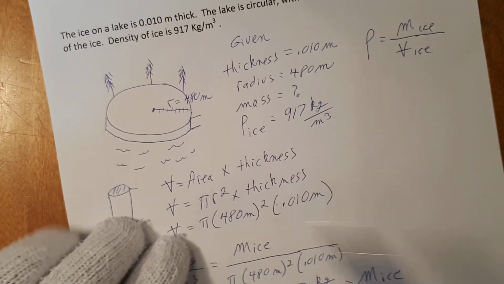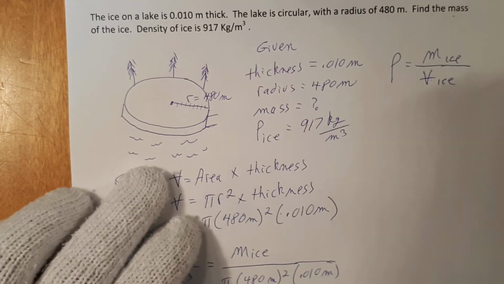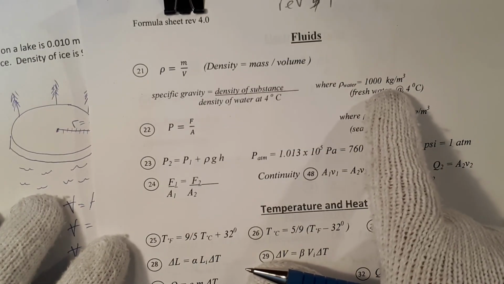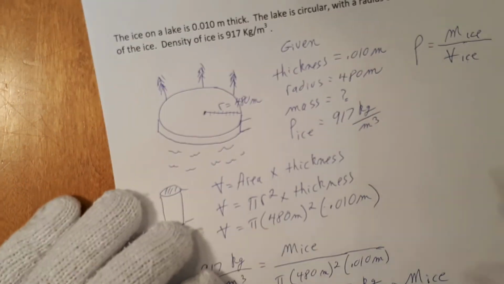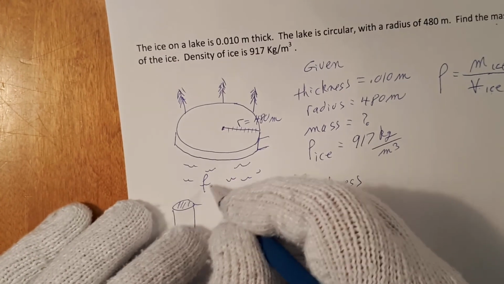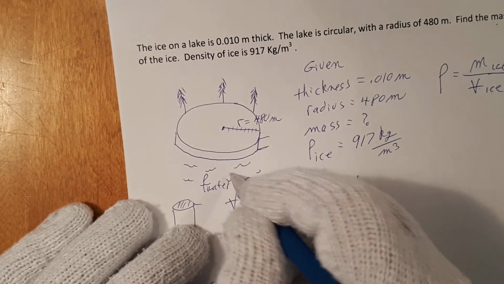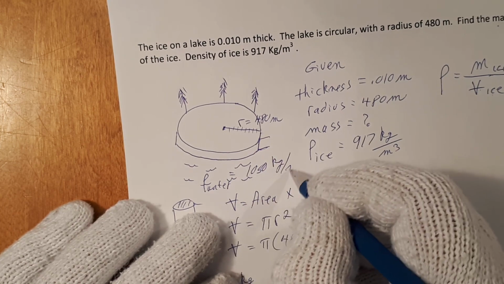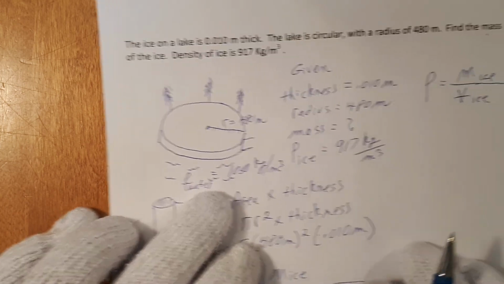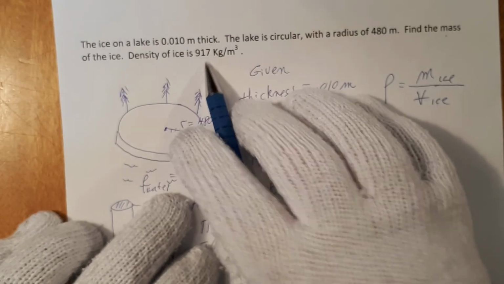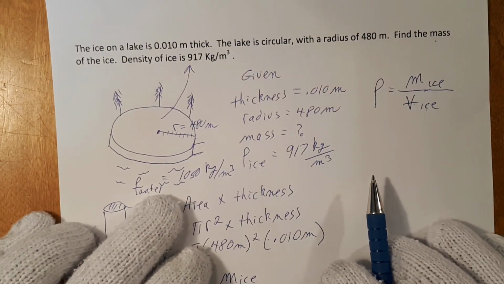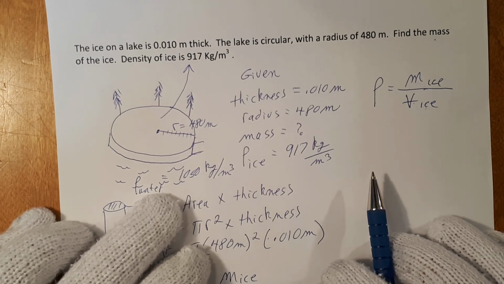And therefore the density of the water itself is 1,000 kilograms per cubic meter. So I can write here the density of water equals 1,000 kilograms per cubic meter. And the density of the ice above, there it is here, is 917 kilograms per cubic meter.